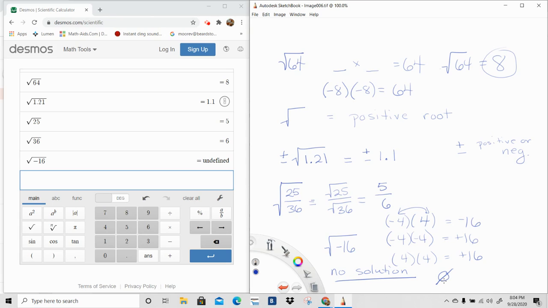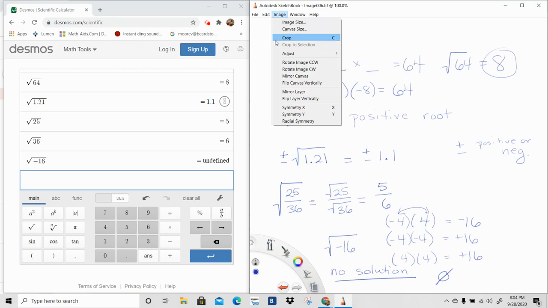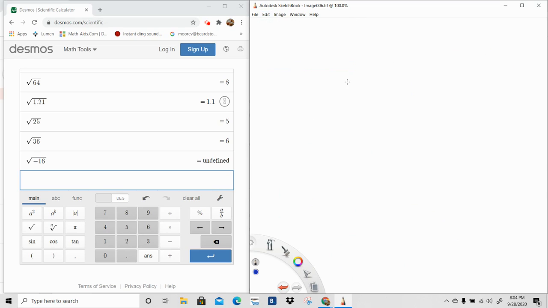And now I want to go down to example 5 on page 72. Let's clear this off and see what it does. What they're doing in these set of problems is they are giving you a little bit of an equation. And they say t squared equals 169.